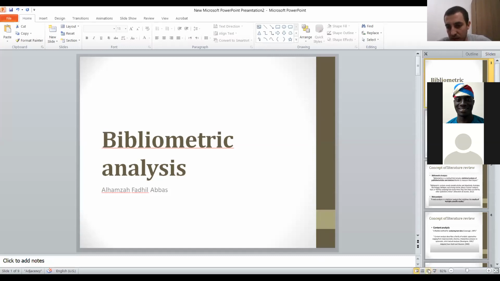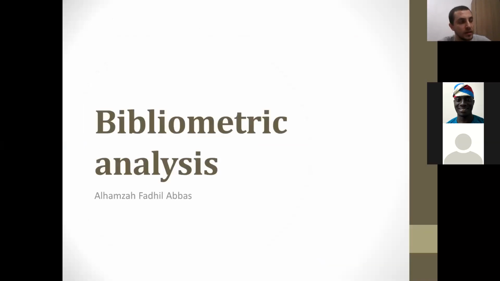Okay, so a bibliometric research paper. Right now I am in semester 3, so I try to work with different research techniques that could help me publish papers in different journals, especially Q1, Q2, and Q3 journals as well.